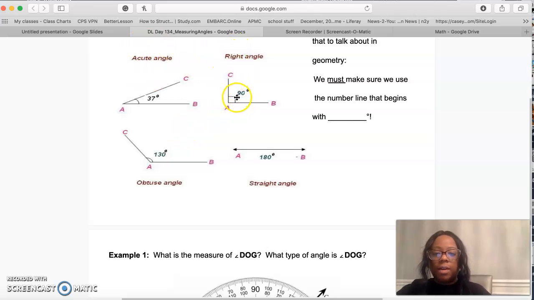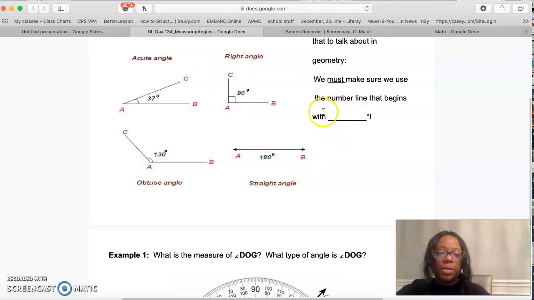We have angle CAB, and that's classified as a right angle because it measures 90 degrees and it has the square measure in the middle. We can go right along to obtuse angles, and this angle is measured as 130 degrees. It's very large and wide. And our last angle is a straight angle, and that is measured as 180 degrees.